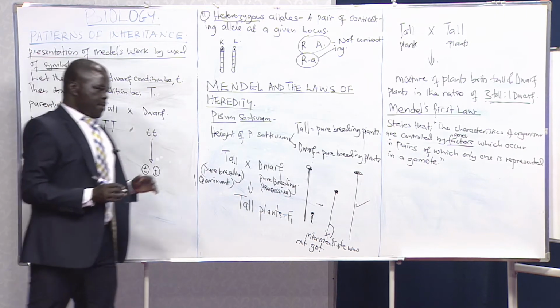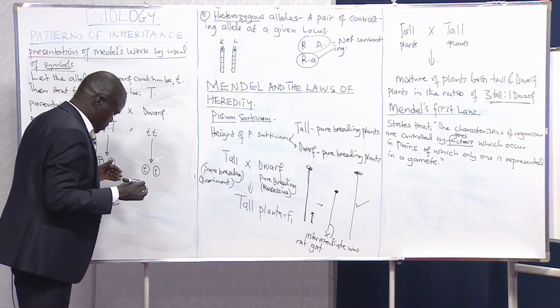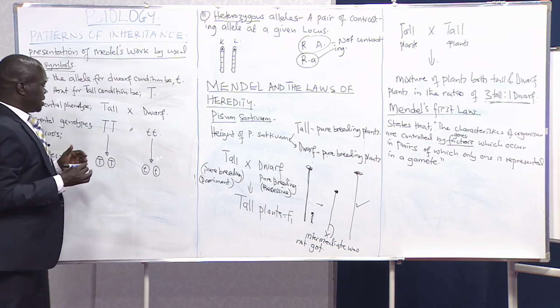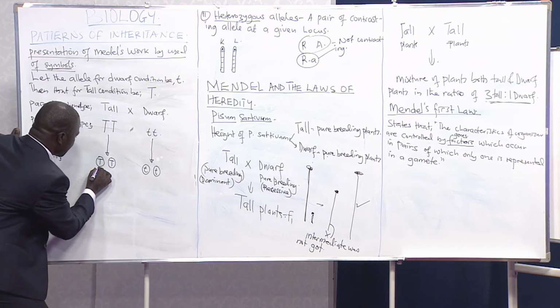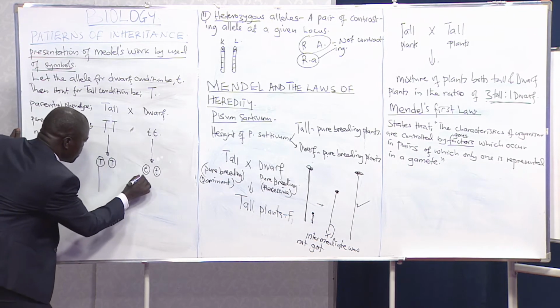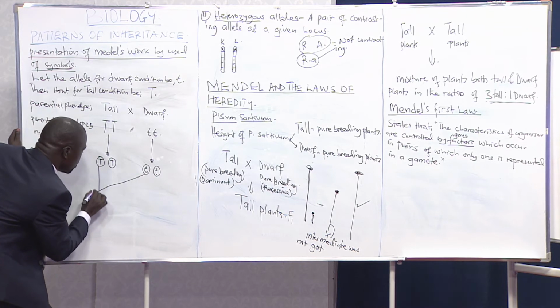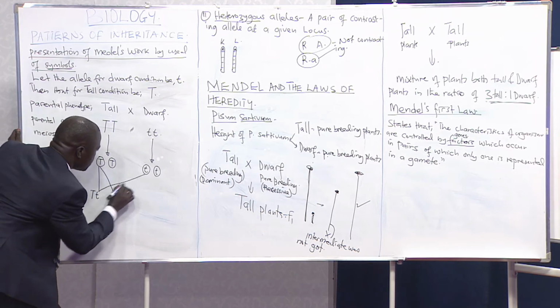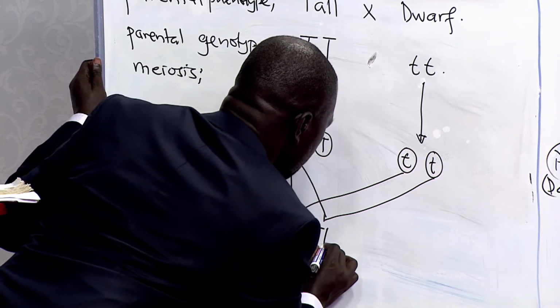When gametes are formed and breeding happens to occur, there will be fertilization. So here we can have fertilization. This will bond with this. When it combines with this, write it with capital T, and then this one also with capital T, small t.